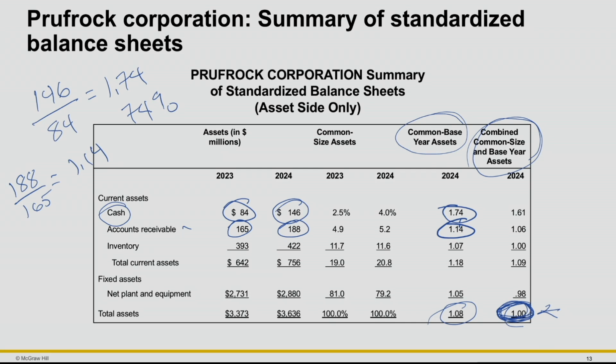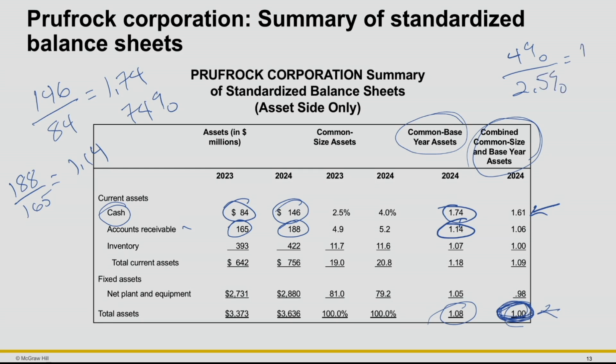Now, in fact, everything did not go up by 8%. In fact, cash went up by considerably more. It went up by an additional 61%. And how did we get that? Well, we took the 4% and divided it by the 2.5%.